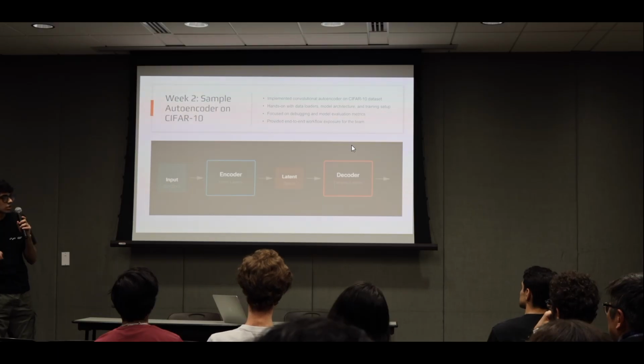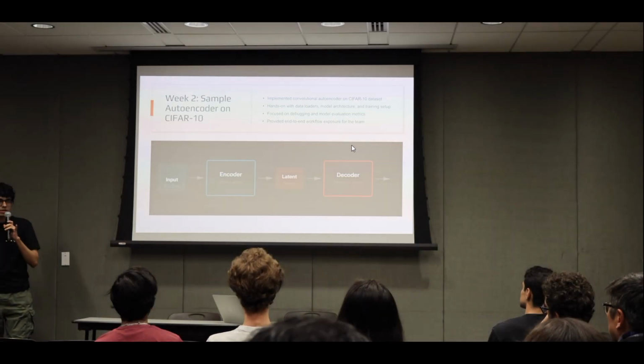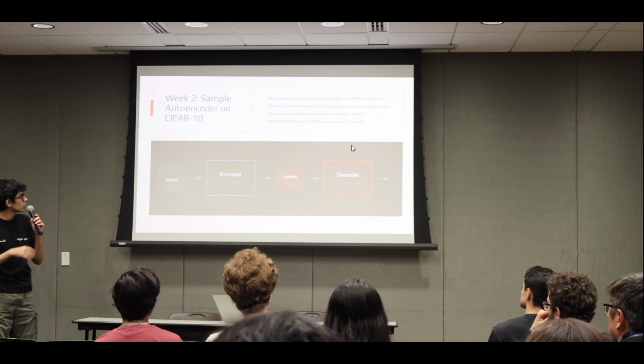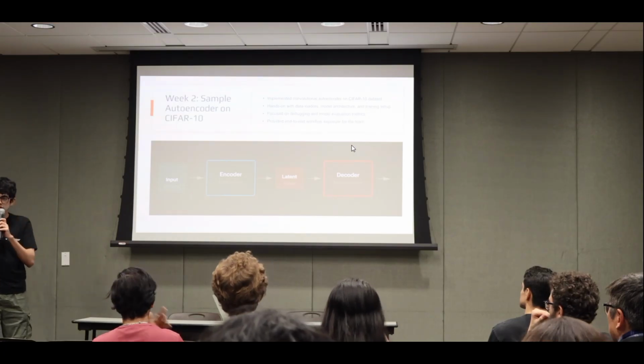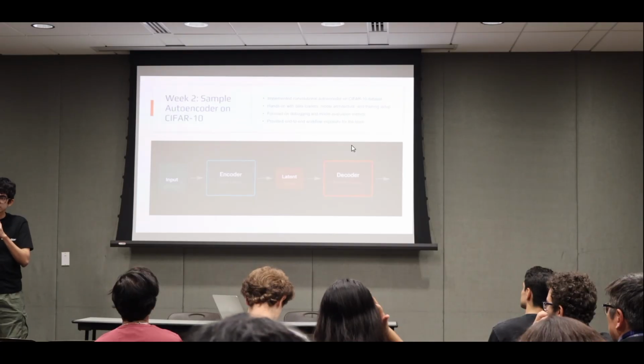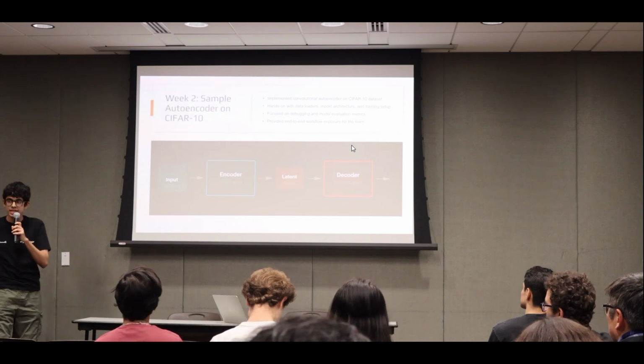Next slide, please. So, week 2, you have the theory. We wanted to have a very small demo so that our members could actually understand the end-to-end flow of it. So I made a quick little notebook based on an article I found online, but it did have some errors, so I fixed it, and I gave them working code in the Jupyter notebook with an end-to-end functioning autoencoder for the MNIST dataset.